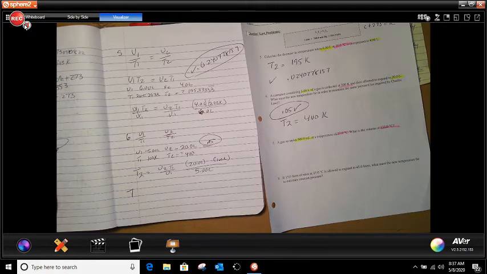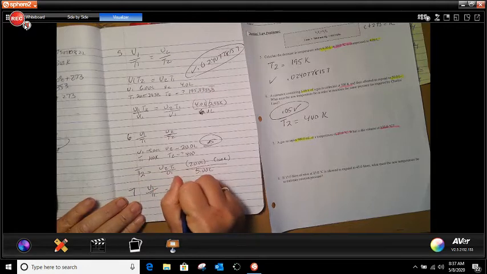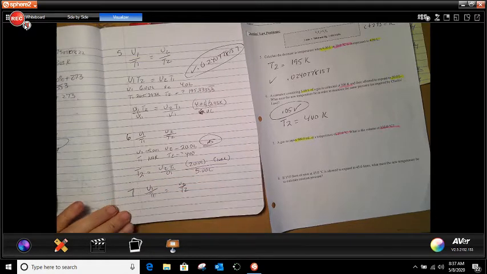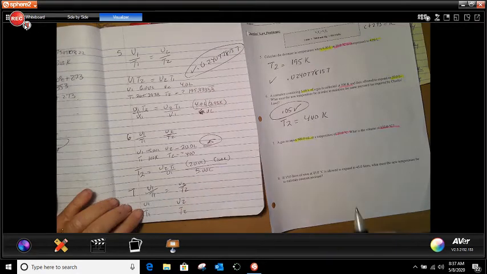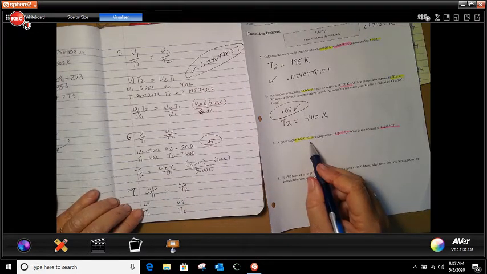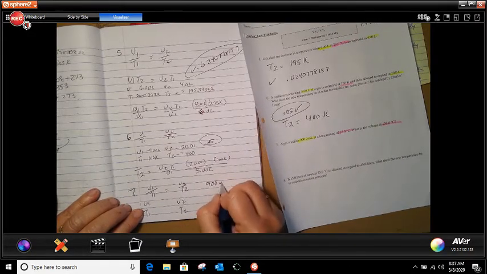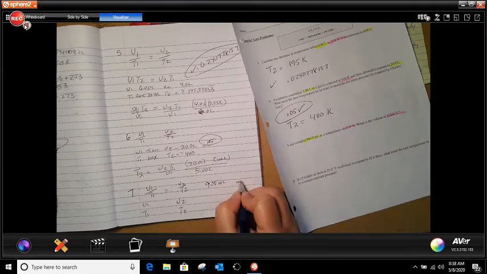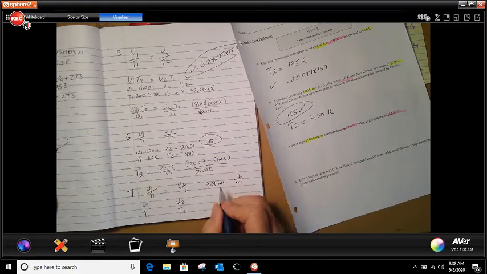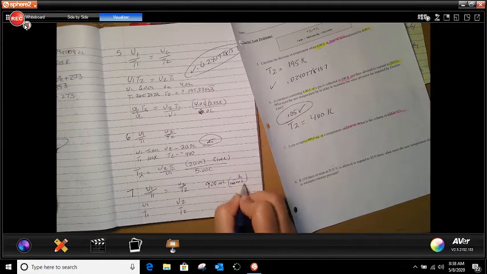So the first thing that we're going to do is our V1 T1 equals V2 T2. So we're going to do V1 T1, V2 T2. So our first volume is 900 milliliters. But we're going to take our 900 milliliters and we're going to have to convert those to liters, right? And there is 1,000 milliliters in 1 liter.